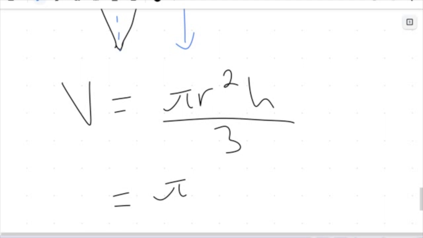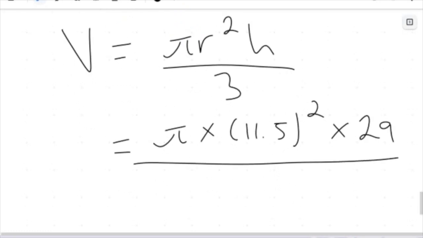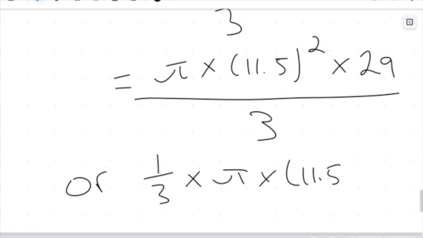That gives me pi times 11.5 all squared times 29, and all of that we are going to divide by 3. Or we can write it in two different ways: it's either the volume of that divided by 3, or we can say 1/3 times pi times 11.5 squared times 29.